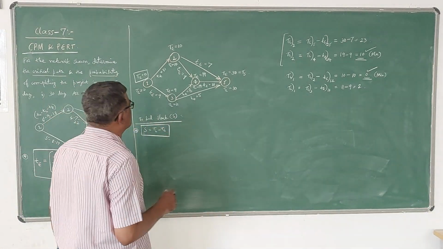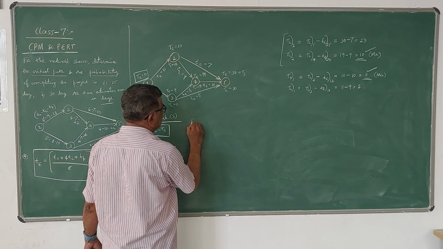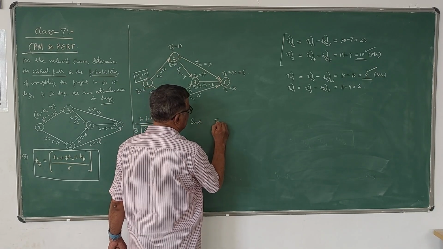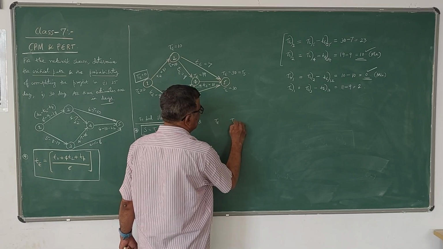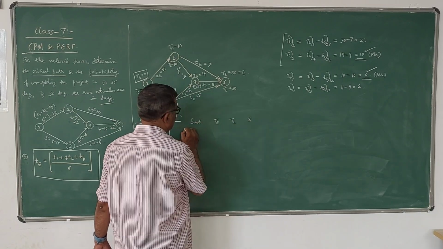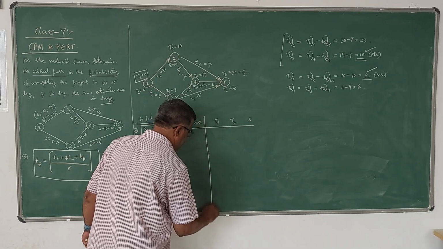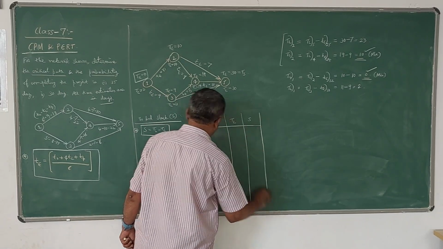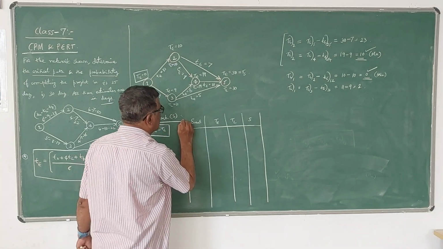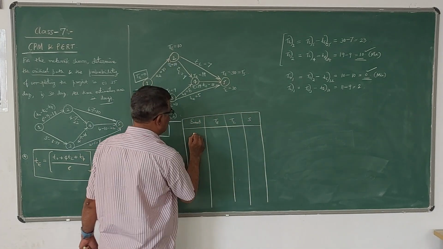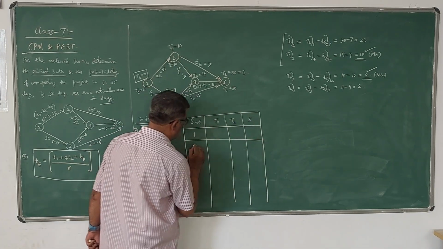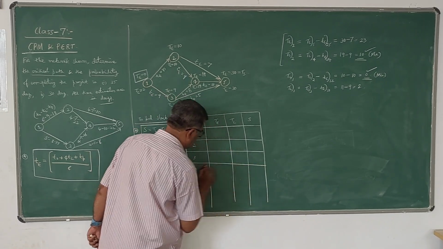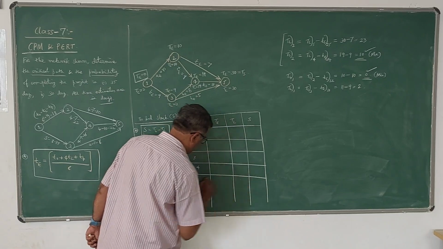Now let us arrange all these events, PE first, then PL, then S. We can have a table like this. All these values are in days. So there are totally 5 events here: 1, 2, 3, 4, 5.